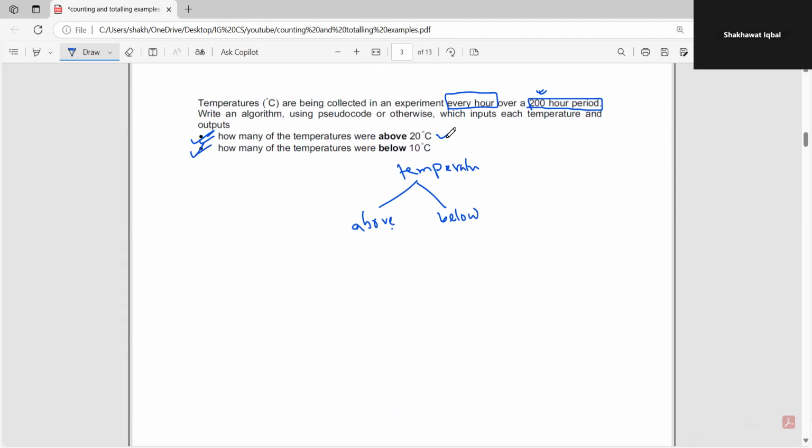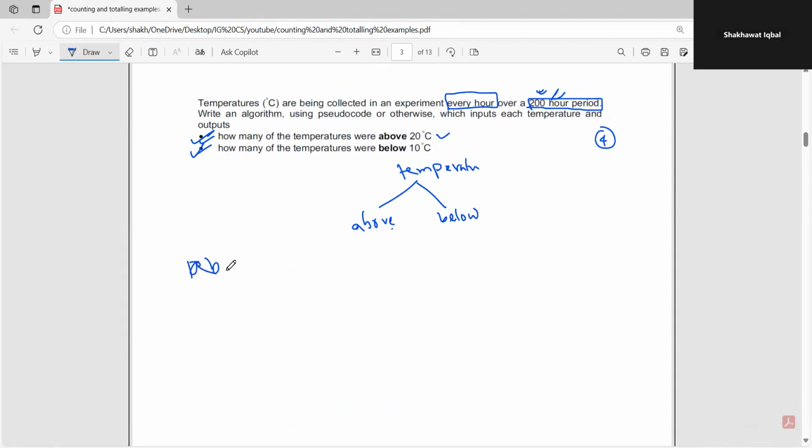They didn't ask for any other condition, so we will not answer anything else. Normally these are 4 mark questions. And how many times do we have to input? 200 times. That means we need a for loop. Good.